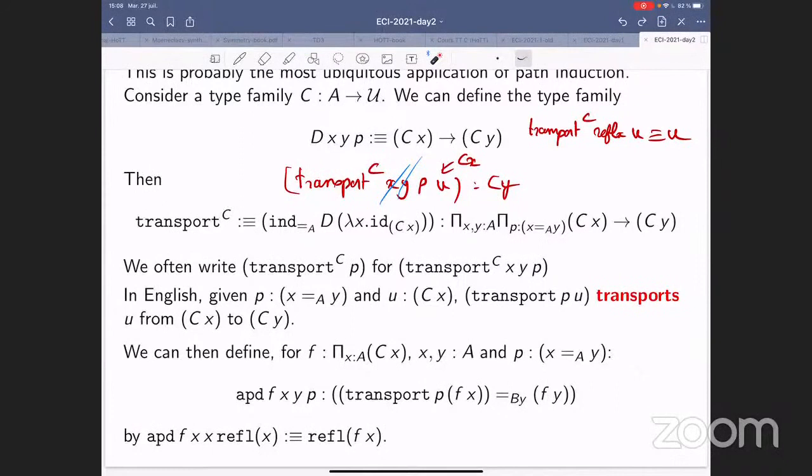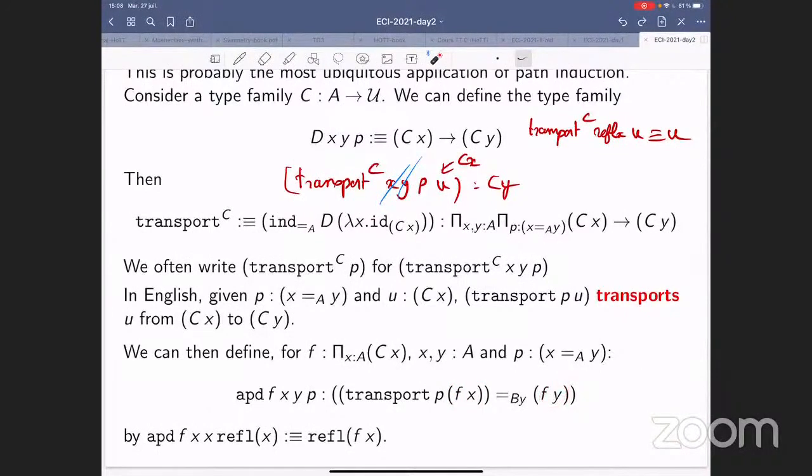In this case, what we want to define is an equality between transport refl Fx, but we've just seen that this is definitionally equal to Fx. So in the case where P is refl, this reduces to Fx, equals Fx.